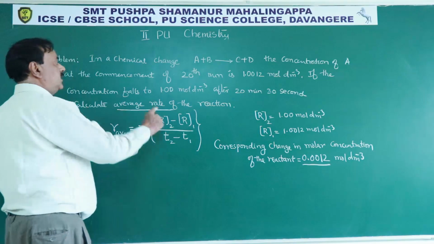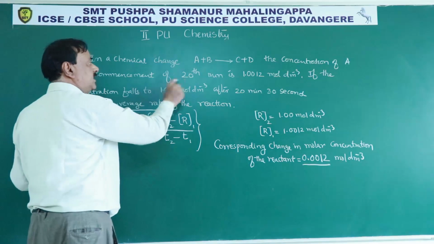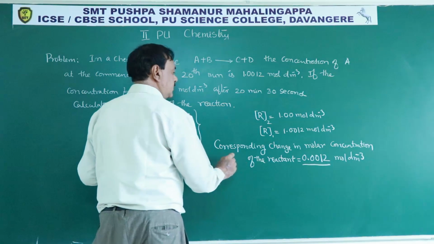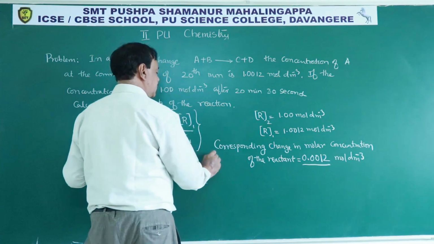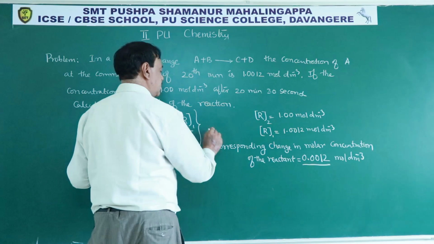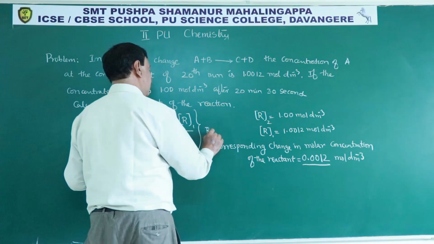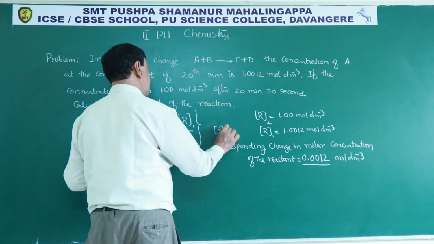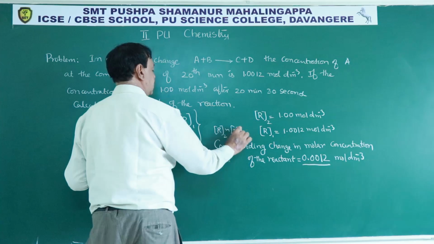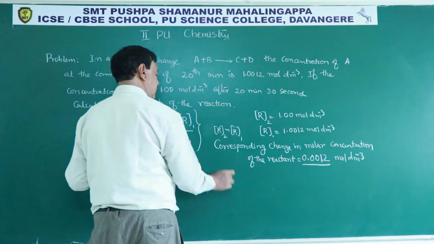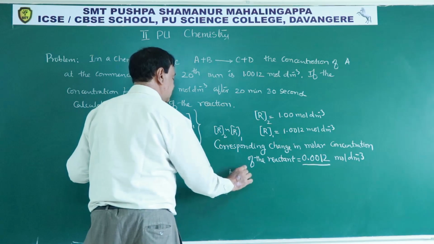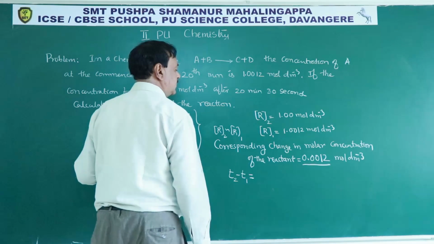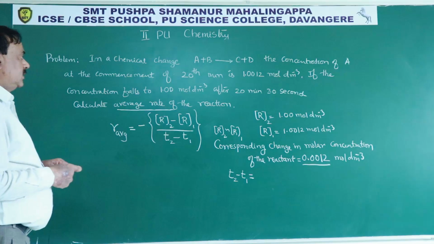What about the T2 minus T1 value? T2 minus T1 difference is the time interval, the specified time.